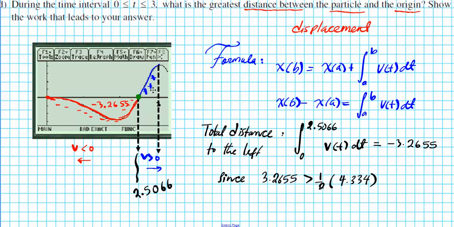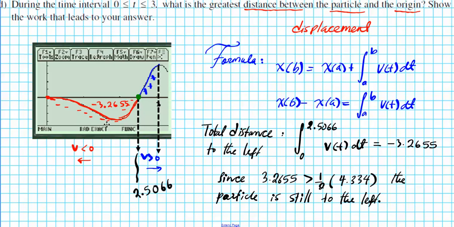It didn't cover enough distance here. Just subtract it to know how much it traveled here. It didn't travel enough distance to the right to make it back to the origin. Okay, so since this is the case, the particle is still to the left.